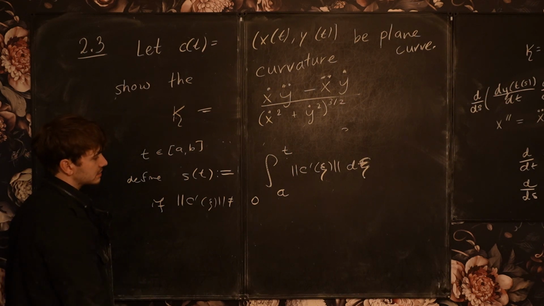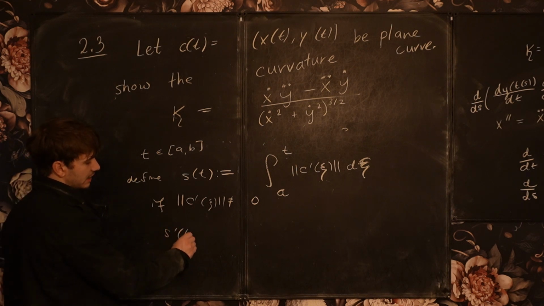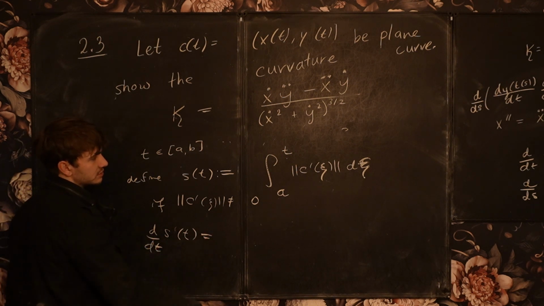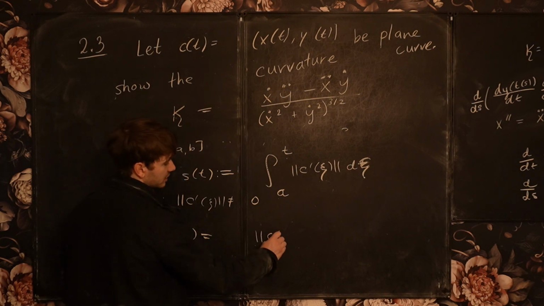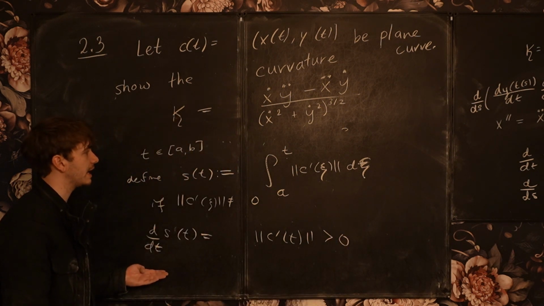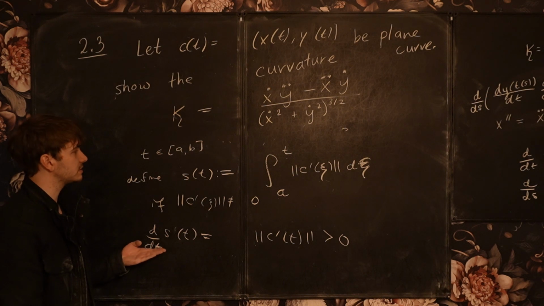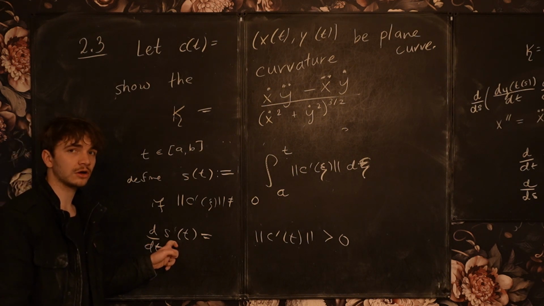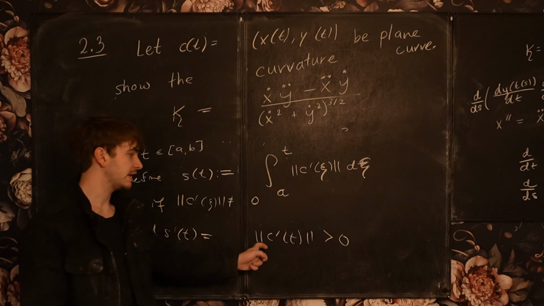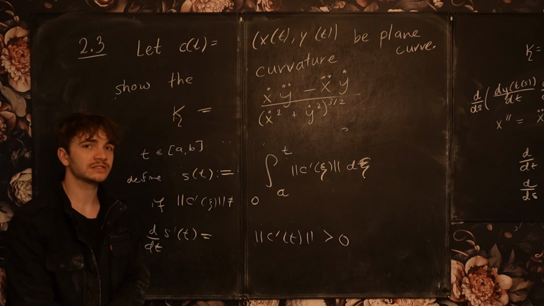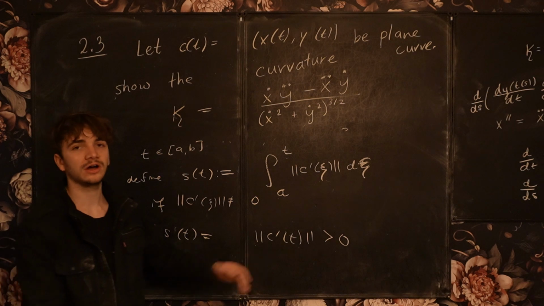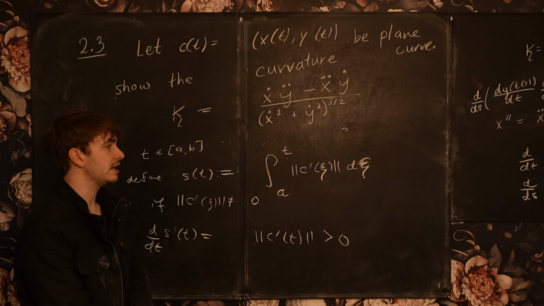And so in this case, we know that s dot, ds over dt, okay, this is just, by the fundamental theorem of calculus, the norm of C prime of t, and this is always positive, which means that this arc length, what's called an arc length reparametrization, has an inverse, by the inverse function theorem, because its differential is always going to be injective, okay, so the derivative is non-vanishing, and therefore we can find an inverse which is smooth.